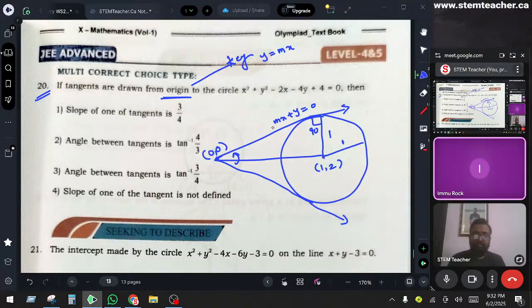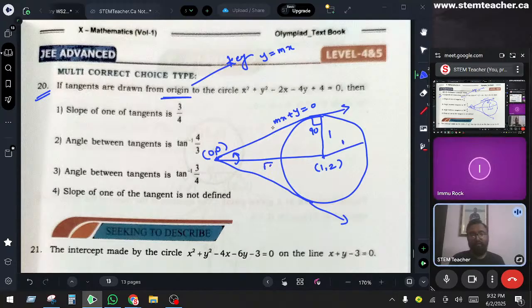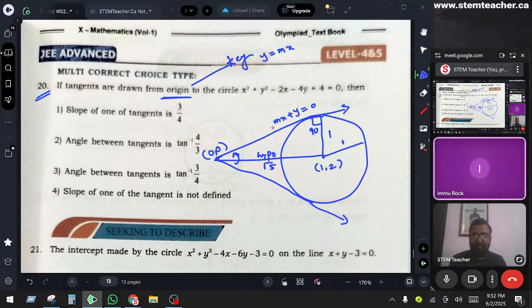अब ये डिस्टेंस तो ये पॉइंट दिया हुआ है, सेंटर में मिला हुआ है. It is √5. Hypotenuse is √5. What is the slope? I want slope. Perpendicular distance क्या होता है?